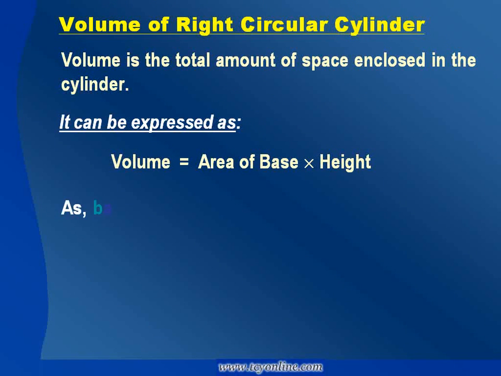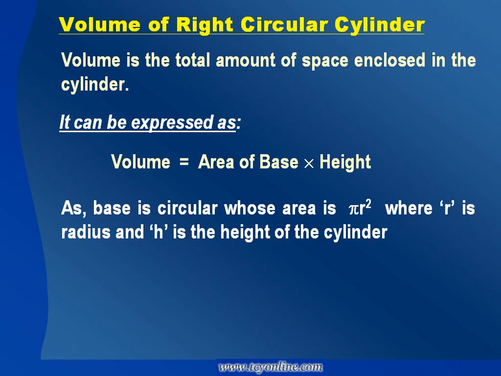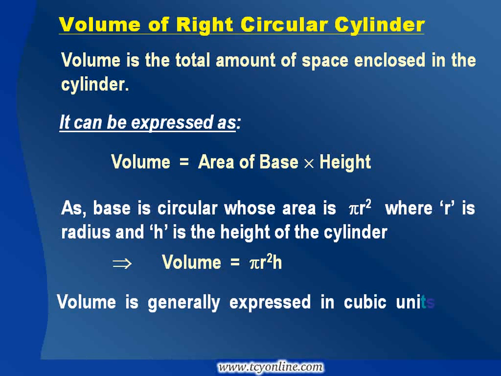As the base of the cylinder is circular, whose area is pi r square, where r is the base radius and h is the height of the cylinder, the formula for volume becomes pi r square h. Please note that volume is generally expressed in cubic units like cubic inches, cubic feet and so on.